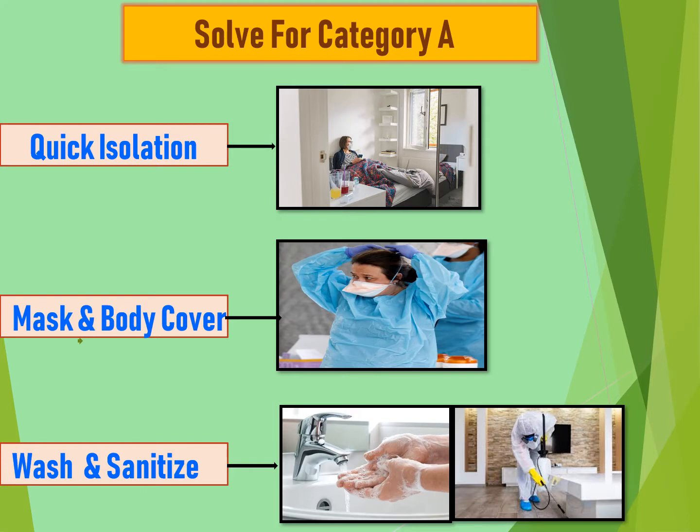This is required for prior medication, and we immediately need to have quick isolation of the sick person. That means once we suspect the symptoms, we need to isolate the candidate from others till they get negative or have no symptoms of coronavirus.